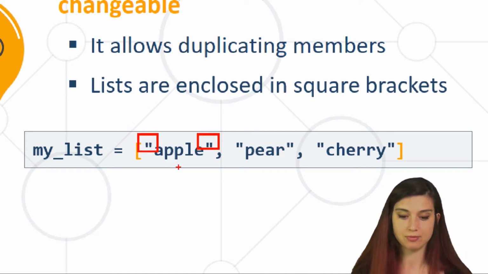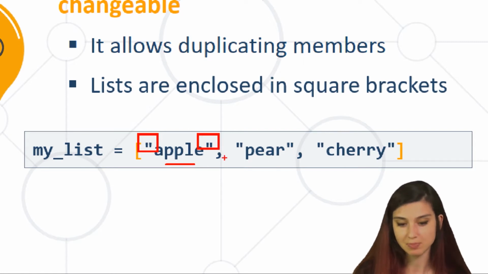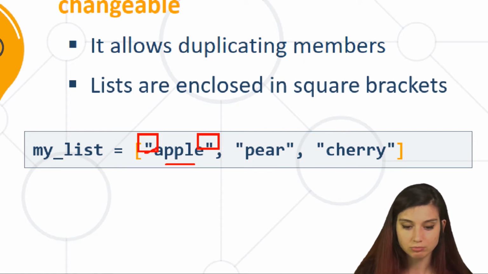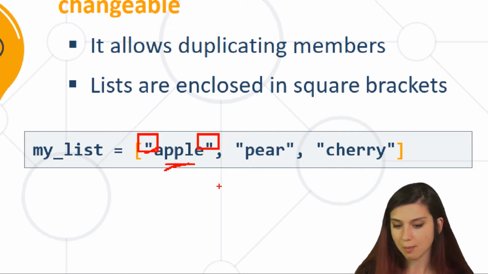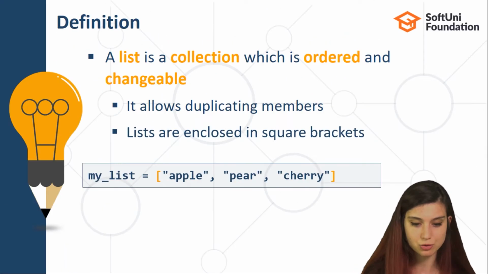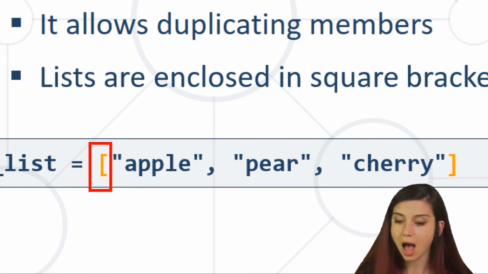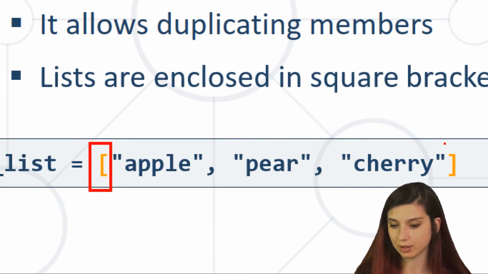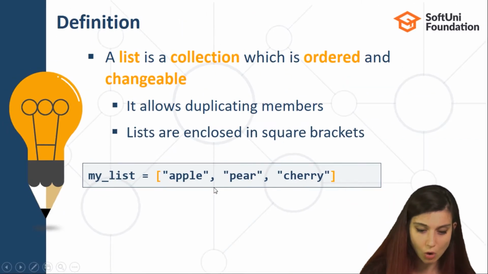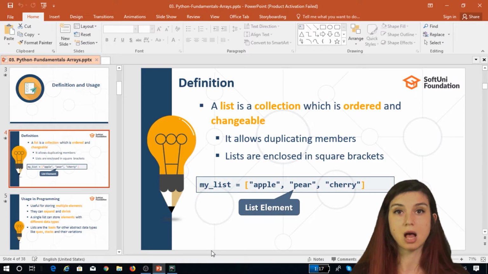And if we have an apple and we want it stored in our list, we say double quotes, apple, after that pear, and cherry, and it isn't a problem. And as you can see here, again, in front of everything I have a square bracket, and at the end I have again a square bracket.